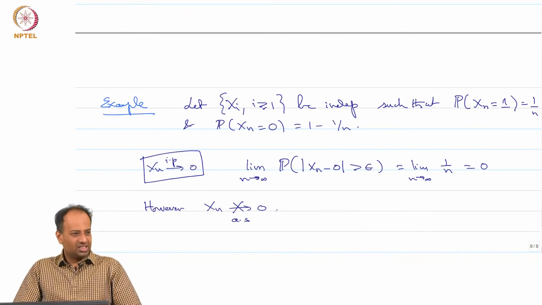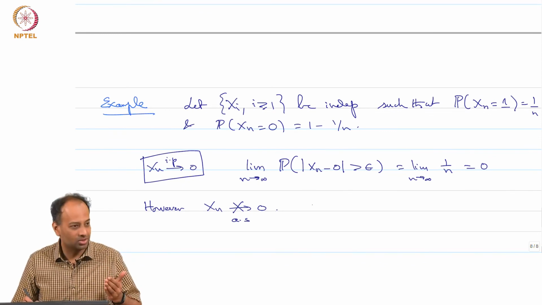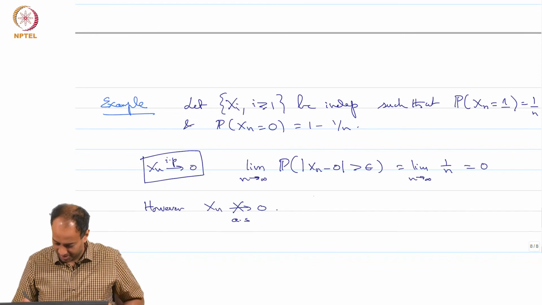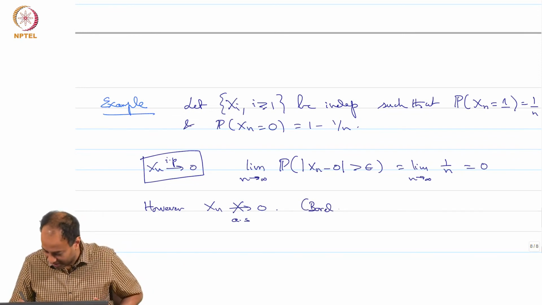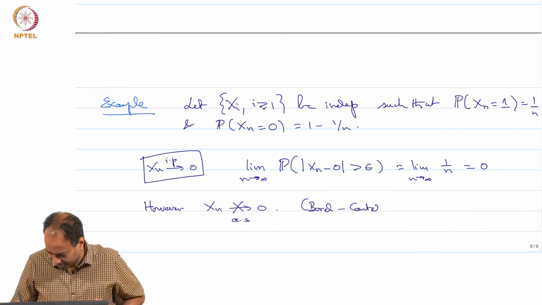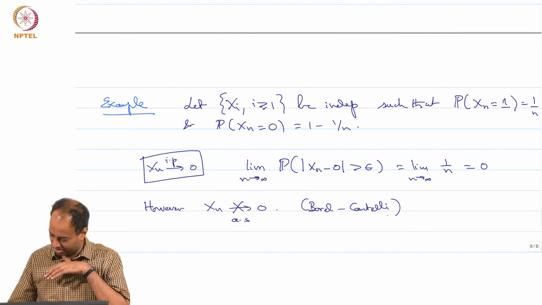One easy way to see this is to invoke the Borel-Cantelli lemma, which I suppose some of you have studied. If you have not studied it, I suggest you go and look it up somewhere. The fact that X_n does not converge to 0 almost surely comes from the Borel-Cantelli lemma, or you can also make some first principle argument; it is not difficult.